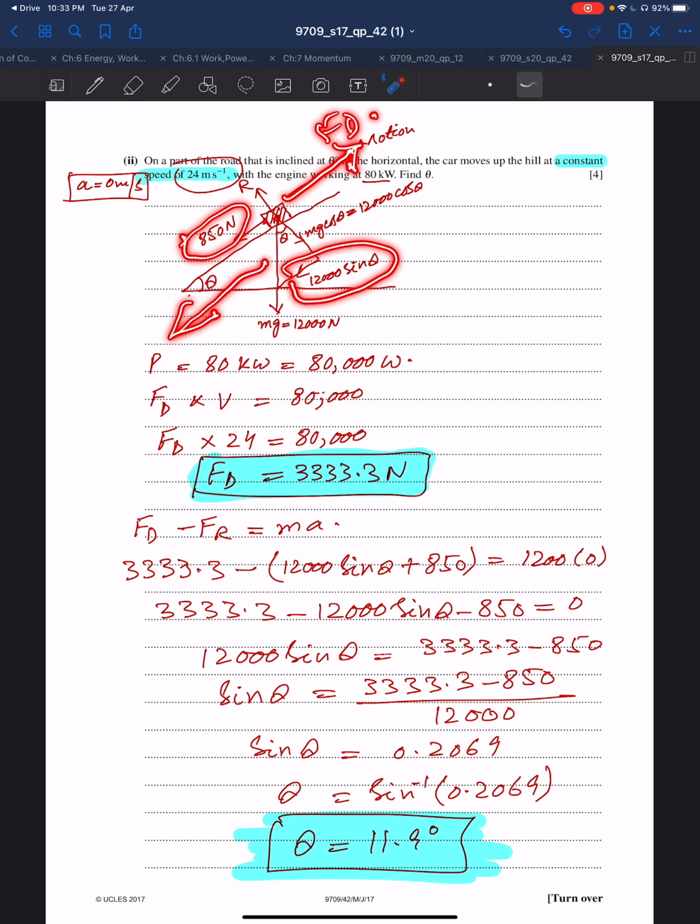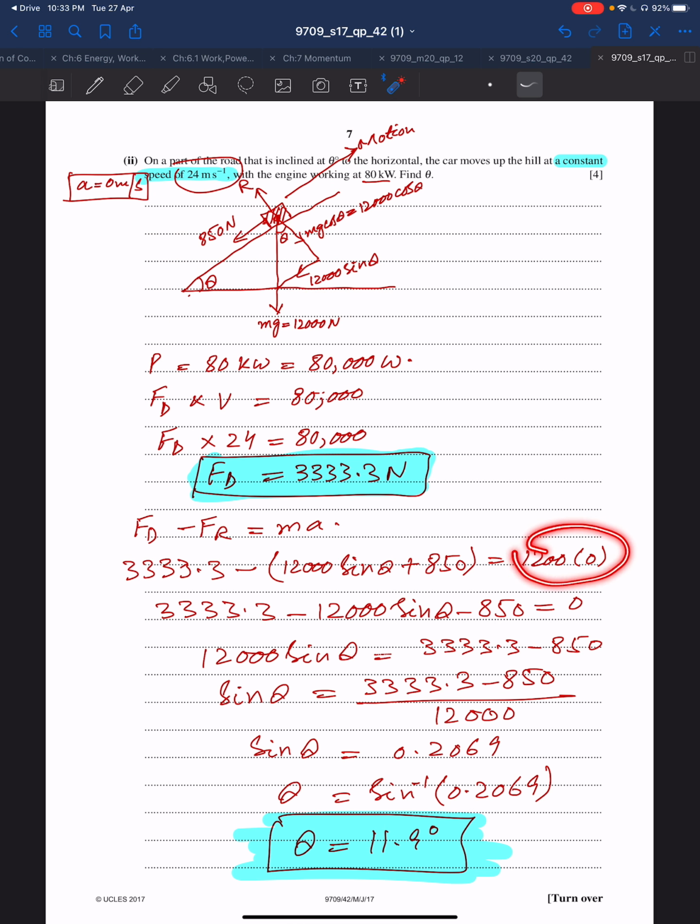So driving force minus the sum of these resistance forces is equal to net force. As the speed is constant, acceleration is 0, so we'll substitute acceleration 0 here. So ma will become 0. That means Fd minus Fr is equal to 0. Okay, hope you have understood the concept.